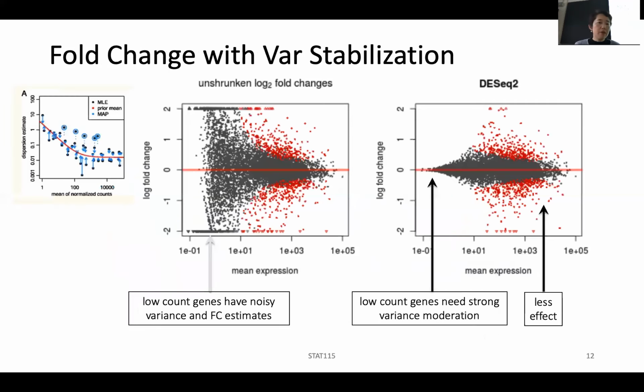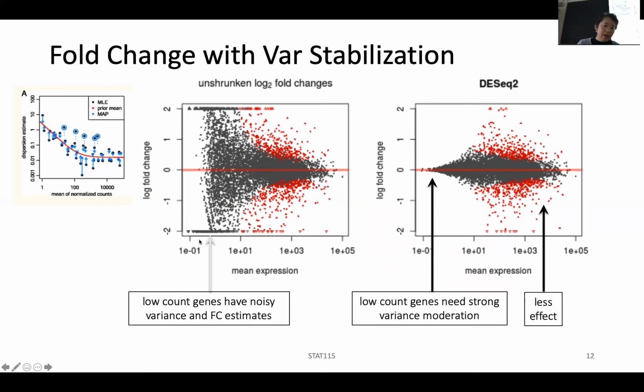To give you an example, if we were to directly use the mean and the variance that we observed on each gene to calculate the differential expression, on the left figure, this is what we get. Each dot gives you a rough idea how much this gene is expressed in general, and the y-axis gives you the log fold change.